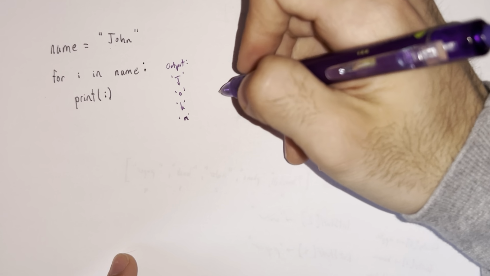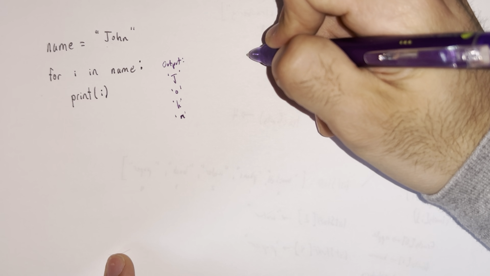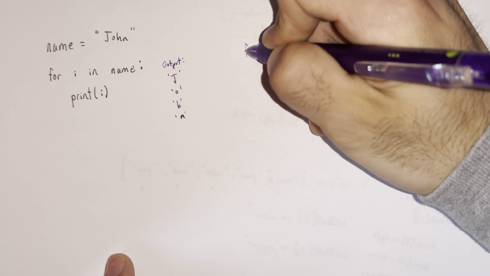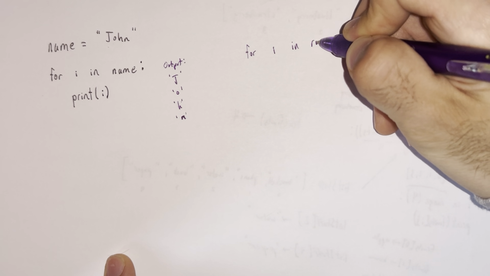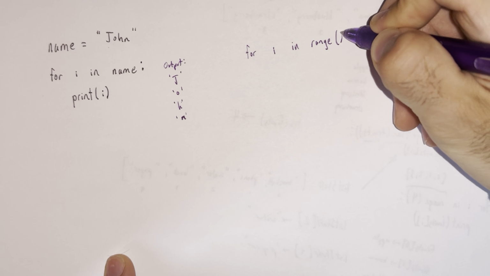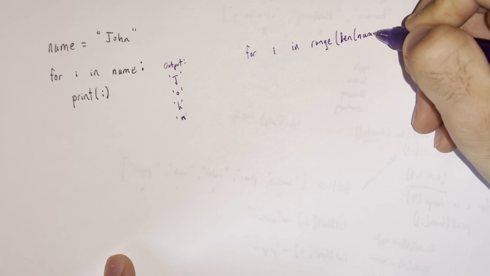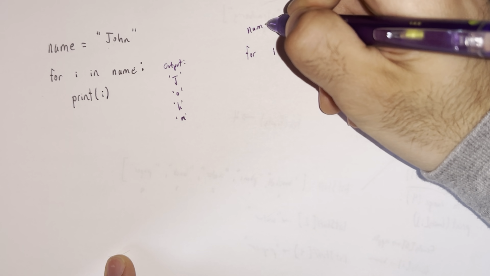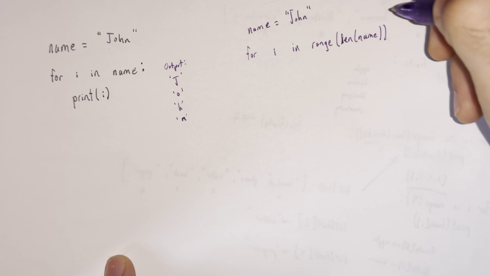So yeah, let's say you had written it differently though. Let's say you wanted to do the other way of writing for loops, which is our good friend for I in range len name. And I guess I'll rewrite the whole thing. Name equals John, right?